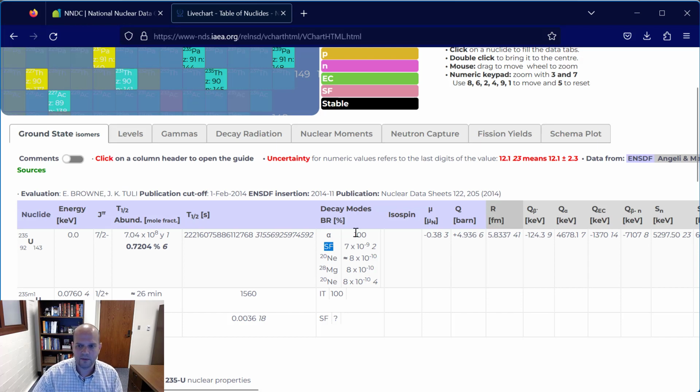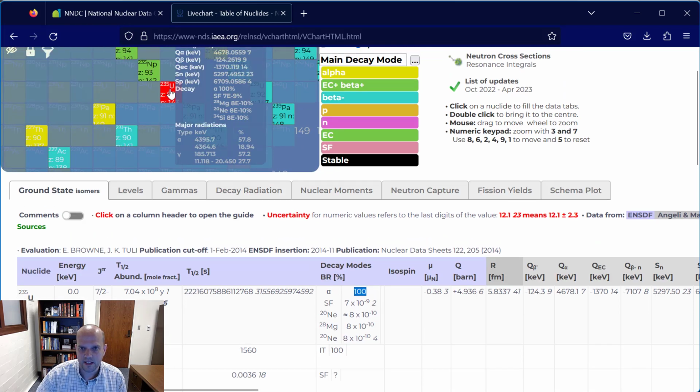Every other time, so about 100% of the time, I'm going to go through an alpha decay. And we'll talk about this half-life in a coming lecture, but this represents the time, if I had a sample, that it takes for half of my molecules or half of my atoms to go through that decay process.